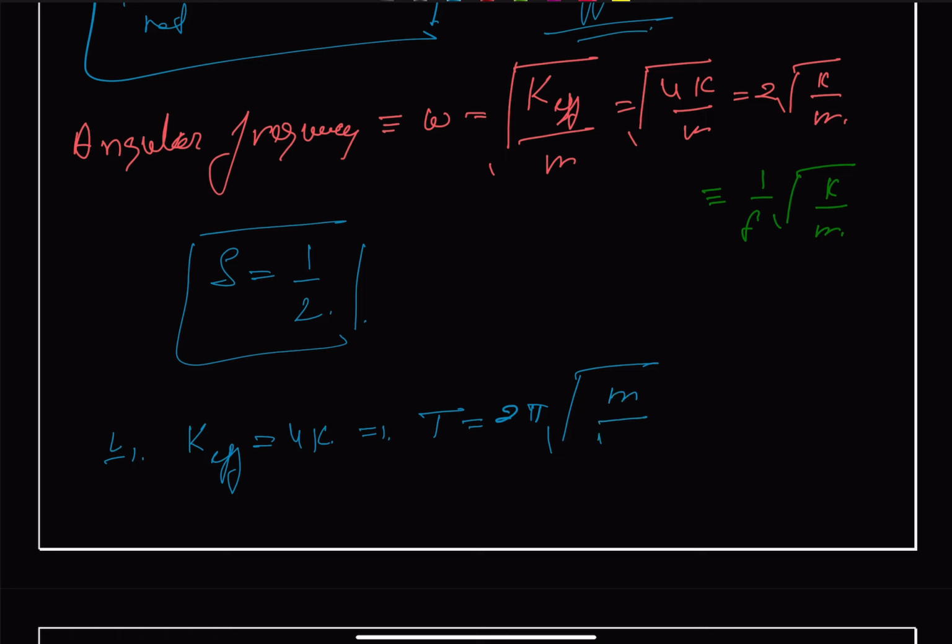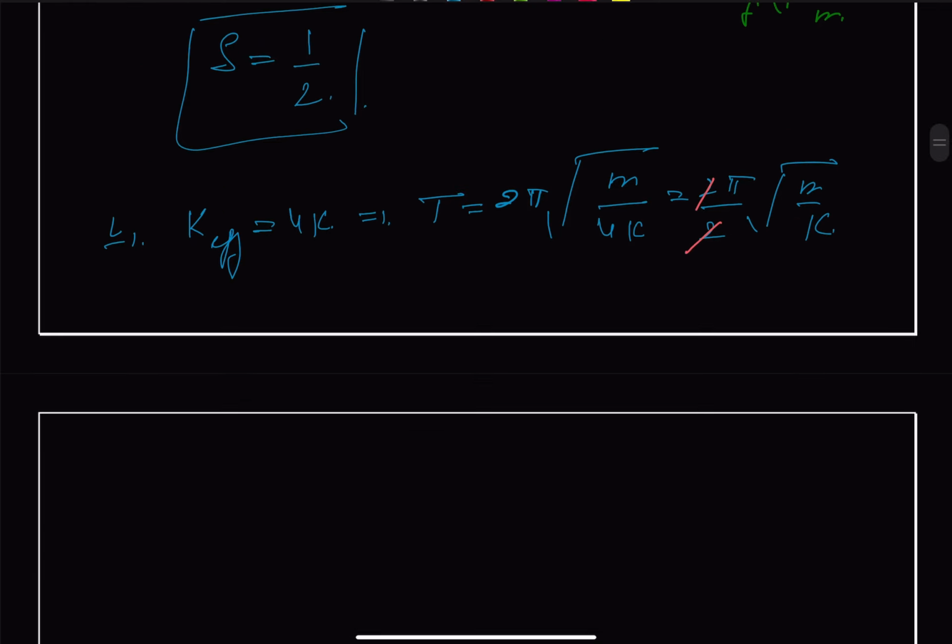K effective is 4 times K, so this comes as 2 pi upon 2 times the square root of M upon K. So 2 goes with 2, and from here we can write our f is equal to 1 upon pi square root of K upon M, which is given as 1 upon lambda square root of K upon M. This gives us lambda is equal to pi.